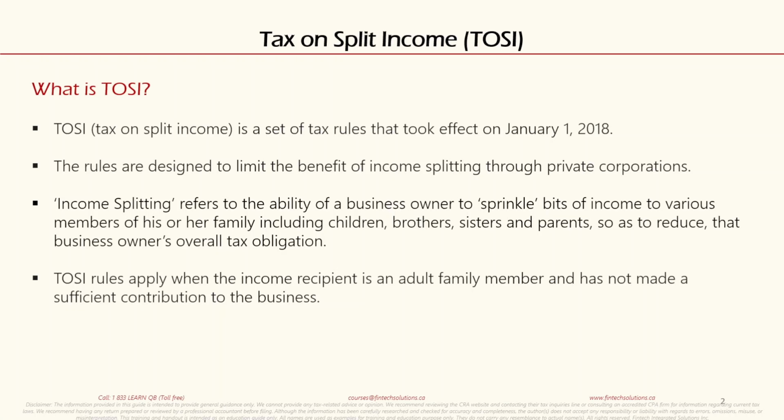A very advanced topic, but I'll put an example of a corporation and a business owner who would like to sprinkle or split the income, how it was happening before and what were the benefits, and after TOSI came in, what has changed. That's what I'm going to explain in this video tutorial with some numbers, so that you'll have a good understanding of why and what this TOSI thing is. All right, let's continue further.